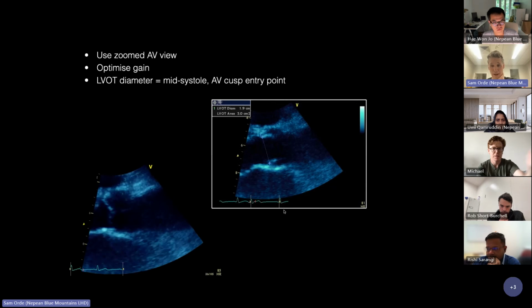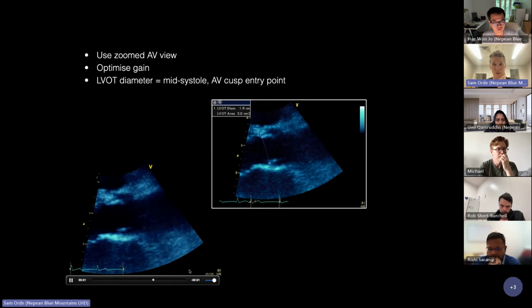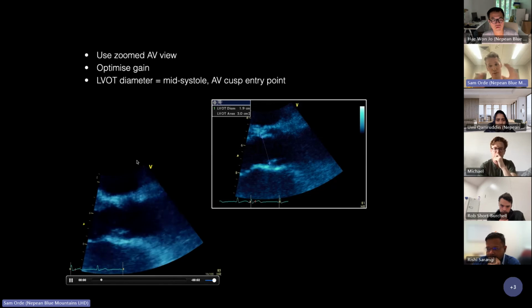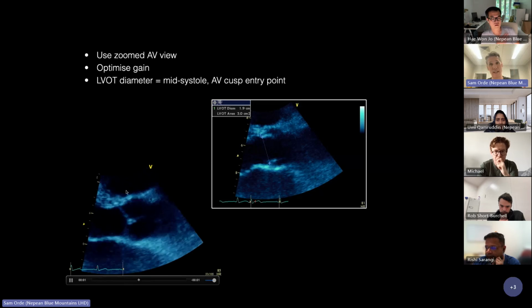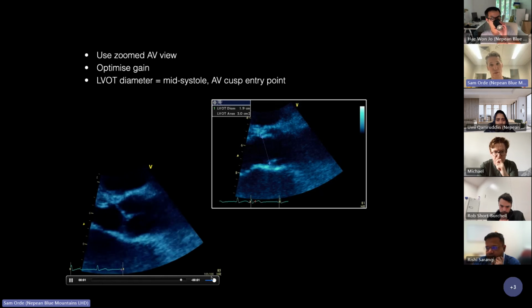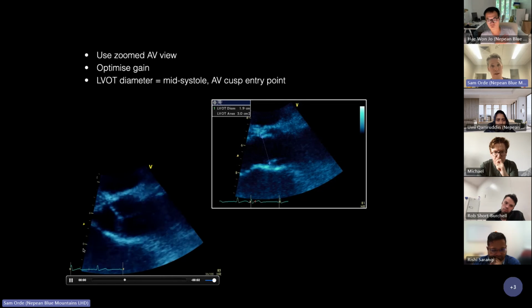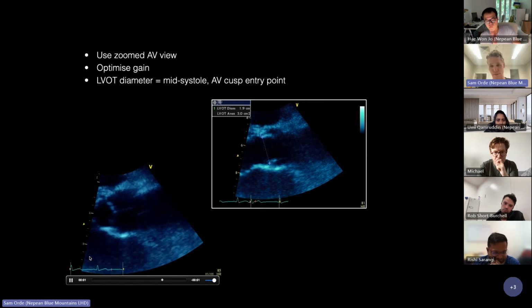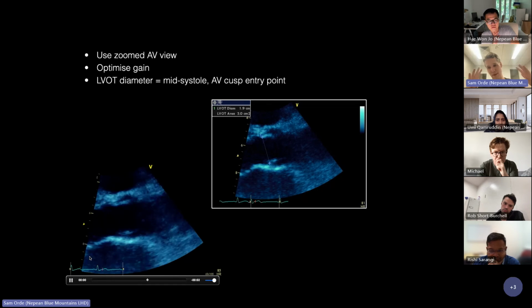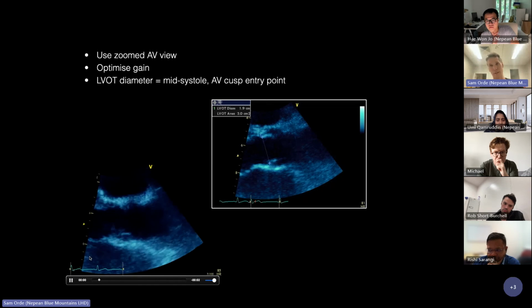You must zoom in on that, and you do that zooming in live, because what it then does is it has a very, very high frame rate. You see, I've got a frame rate of 105 here when I've zoomed in on that aortic valve, as opposed to frame rates of about 50 if you're in the big zoomed out picture.